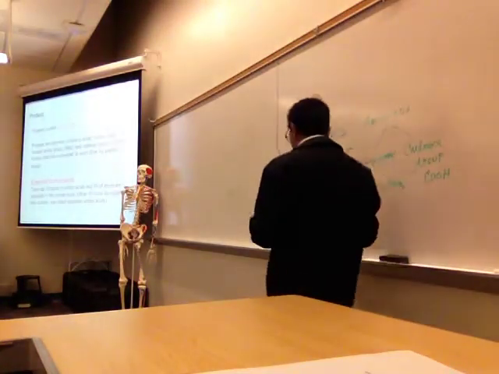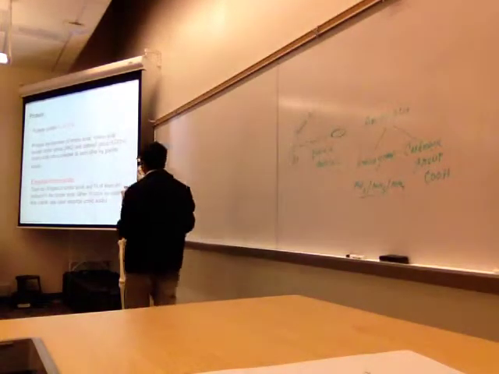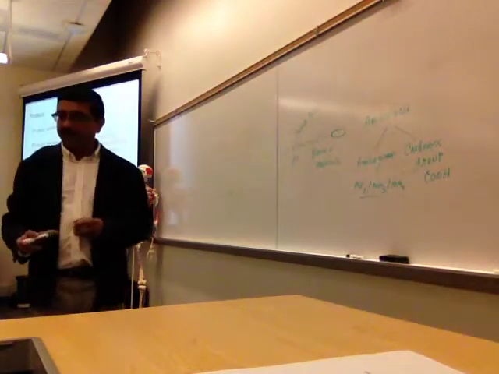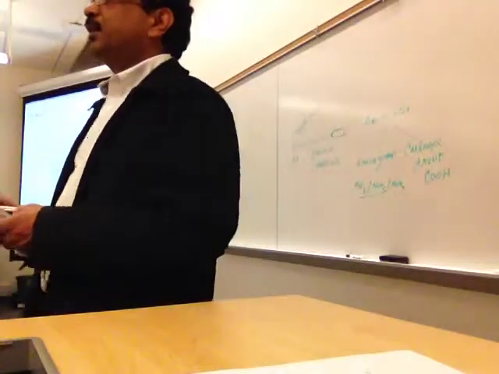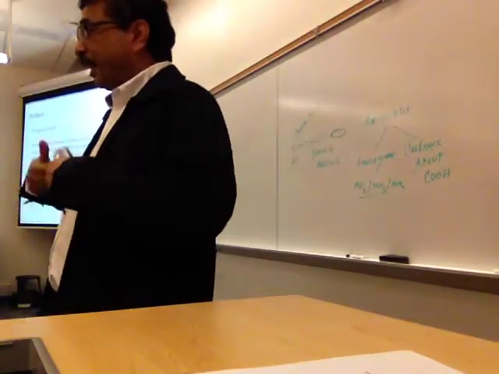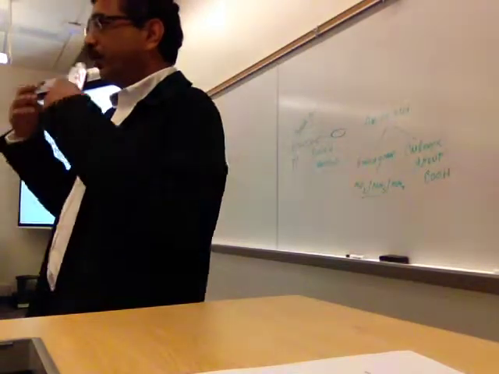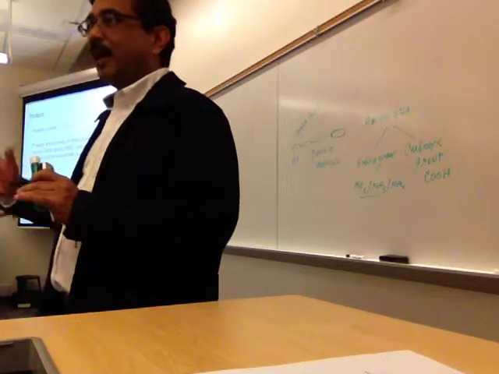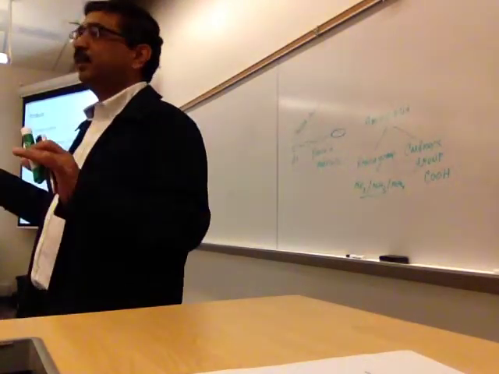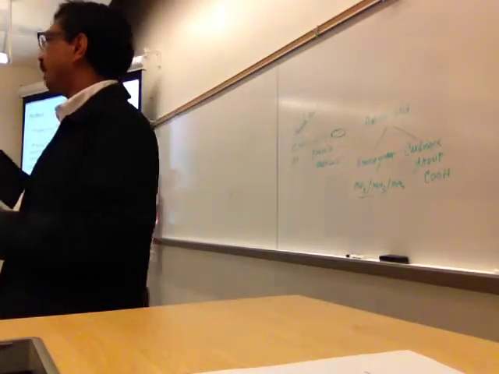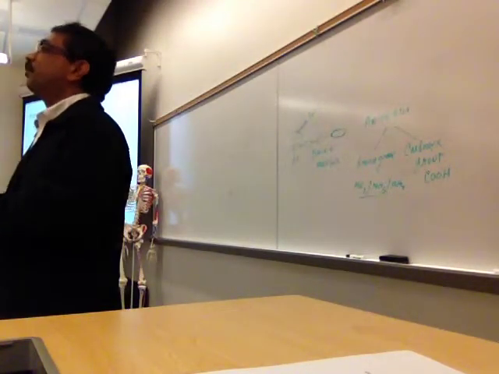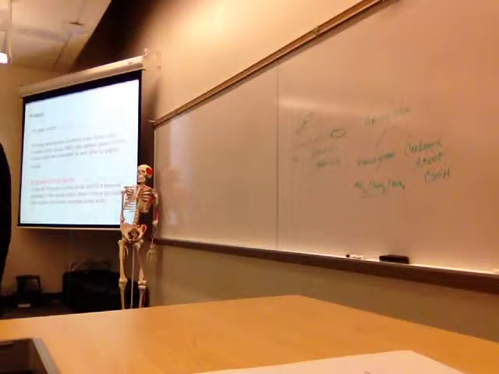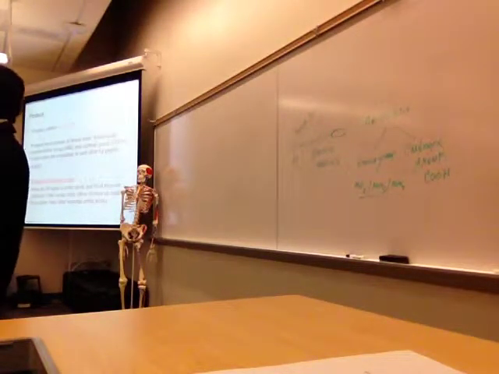The human body needs 20 different types of amino acids. Among those 20 different types of amino acids, 10 of them our body can synthesize or produce from the food we eat. The other 10 our body cannot synthesize or produce. So the other 10 we have to get exactly as they are from outside, from food. Make sense?